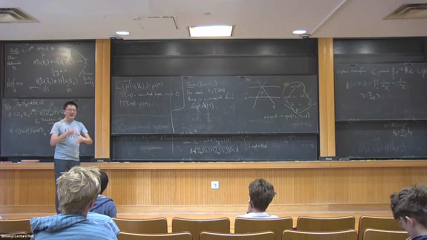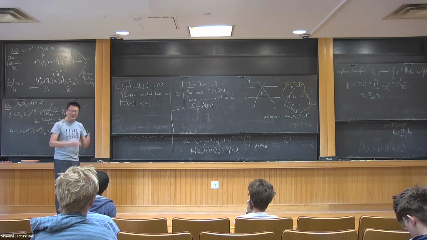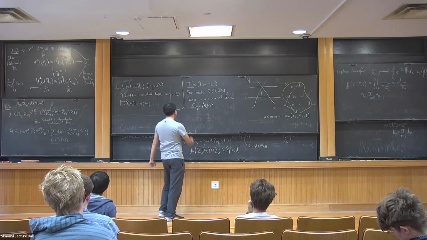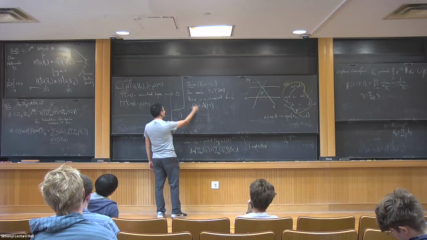By specifying where it has poles and what the residues at those poles are, it is uniquely determined. There are two parts to the theorem.